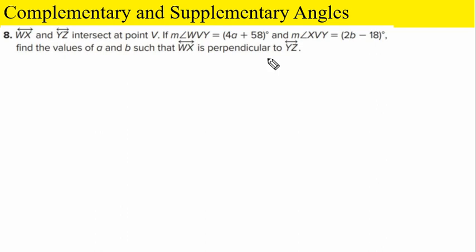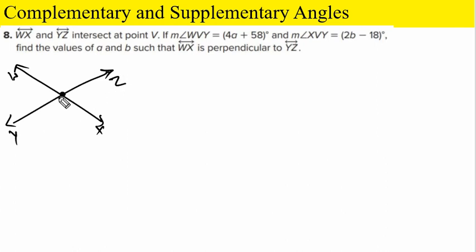Okay, now the next question says WX and YZ intersect at point V. So lines WX and YZ intersect at point V. Measurement of angle WVY, this angle they are talking about, is 4a plus 58, and angle XVY, this angle, is 2b minus 18.